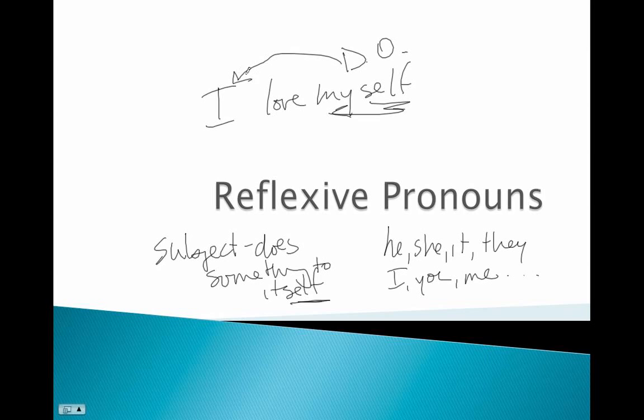It's pointing to the same person in space as I. So I love myself. Or Mark or Thucydides loves himself. Again, self says it's the same person as the subject. So a reflexive pronoun is a pronoun that's used in an oblique case, non-nominative case, that's referring to the subject.